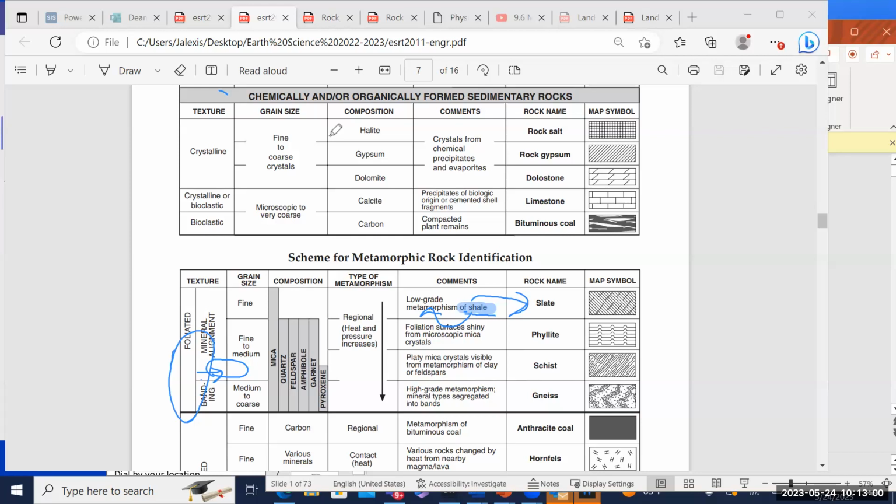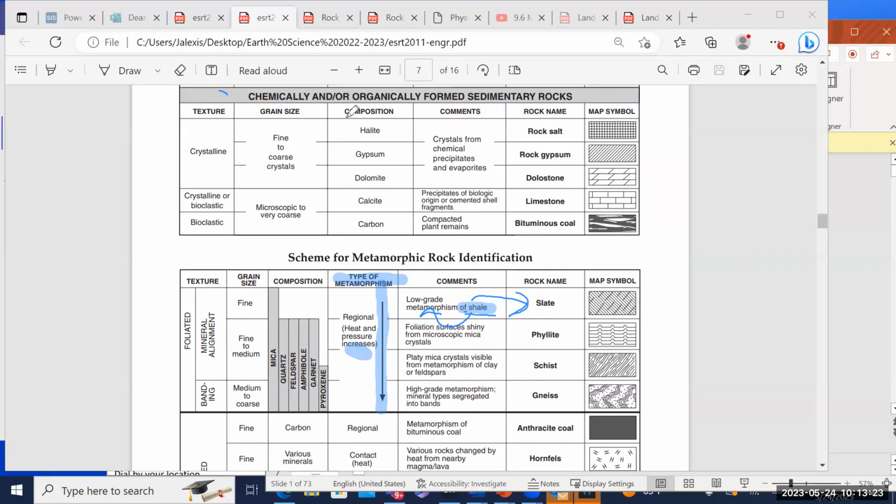Now, if you wanted to keep on going to see how else we know that it starts from slate and turns into other types of rock, you see this point in the key right here where it says type of metamorphism, and the arrow is pointing down and says as heat and pressure increases.